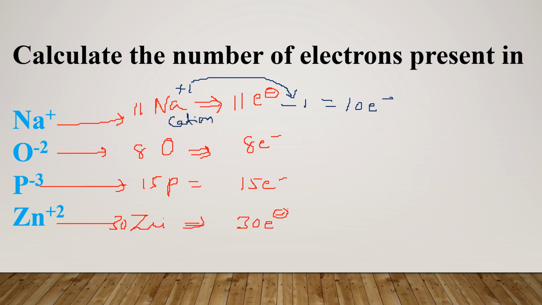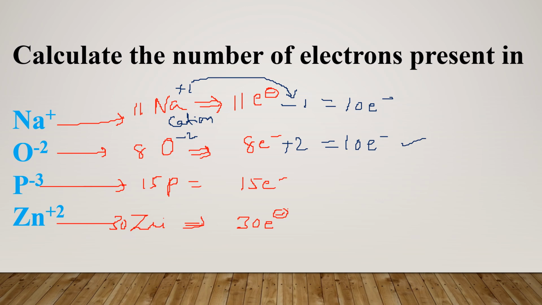So by donating an electron, it is converted into 10 electrons. Then what about oxygen? Oxygen has minus 2, which means gaining 2 electrons. So 8 plus 2 electrons is a total of 10 electrons. Indirectly we can say O contains 8 electrons, and O minus 2 contains 10 electrons.